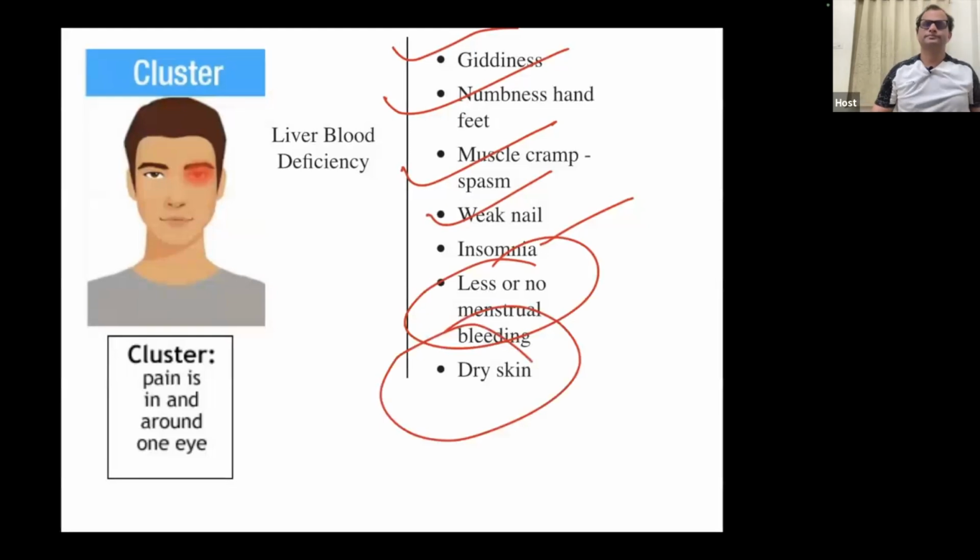These are the signs of liver blood deficiency.